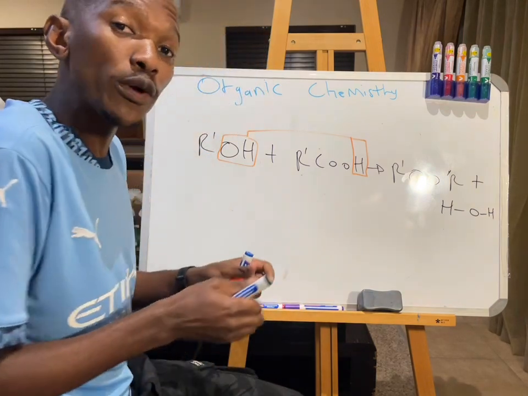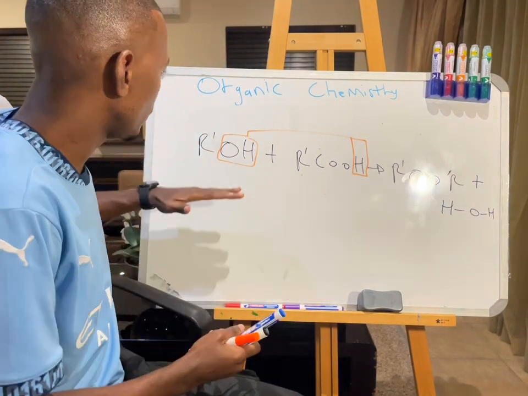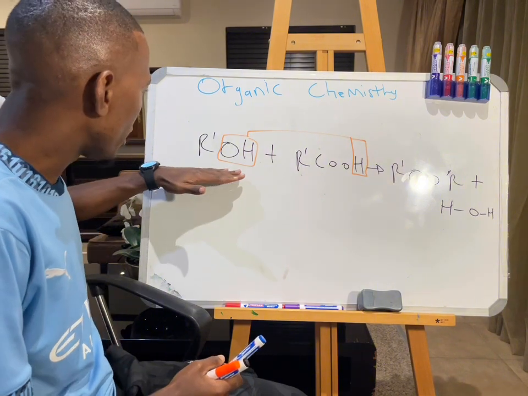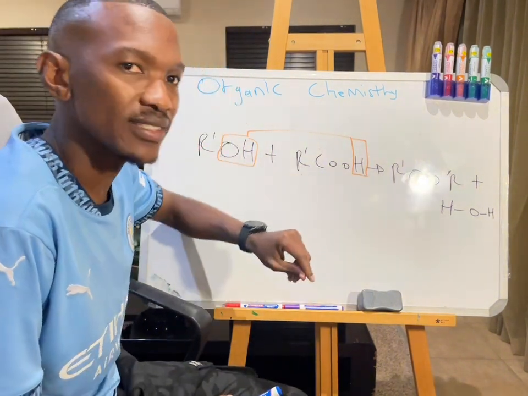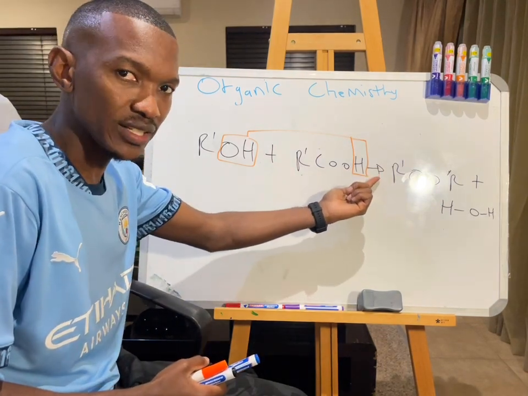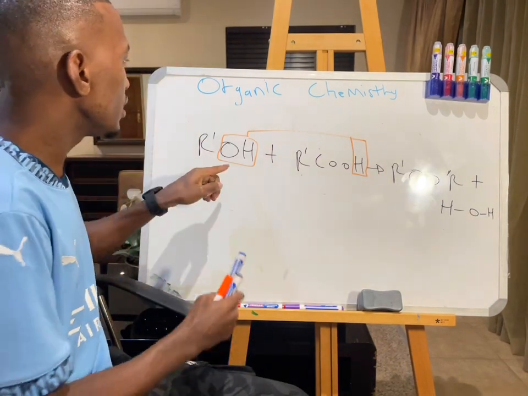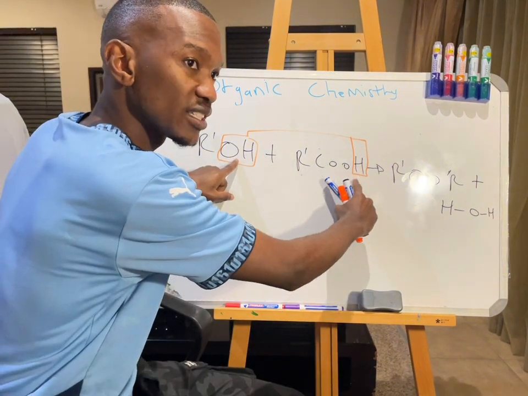That is what we do behind the scenes when they talk about esterification. We have alcohol and carboxylic acid. We want to form an ester. There's a catalyst, of course, which is the sulfuric acid. Okay. Then from the alcohol, the OH, and the H from the carboxylic acid.